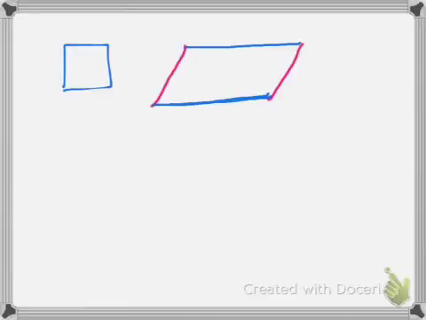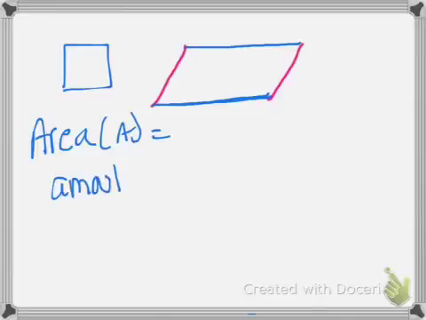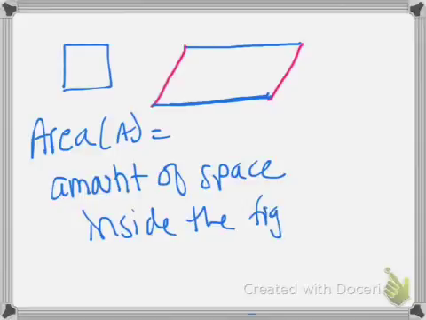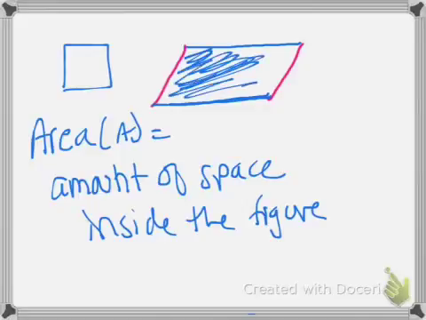When we are trying to figure out the area of a parallelogram, we need to remember that the area, or A, represents the amount of space inside of the figure. If you imagine yourself coloring, you would color in this entire shape.